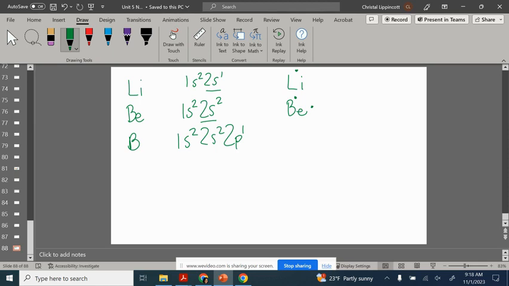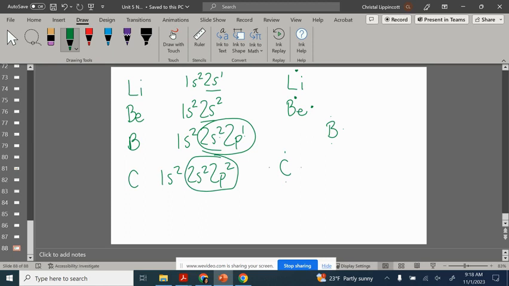Its highest N value is 2. I have 2 here and 1 here, a total of 3. So boron has 3 dots. Carbon is 1s2, 2s2, 2p2. Carbon will be 1, 2, 3, 4.